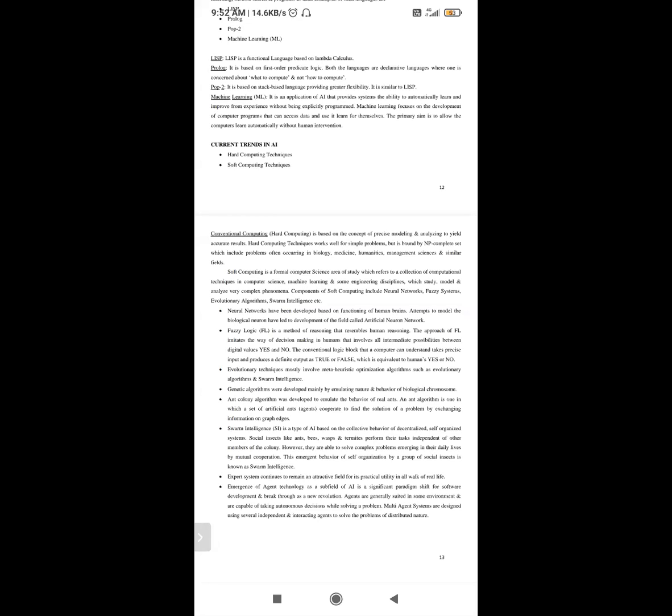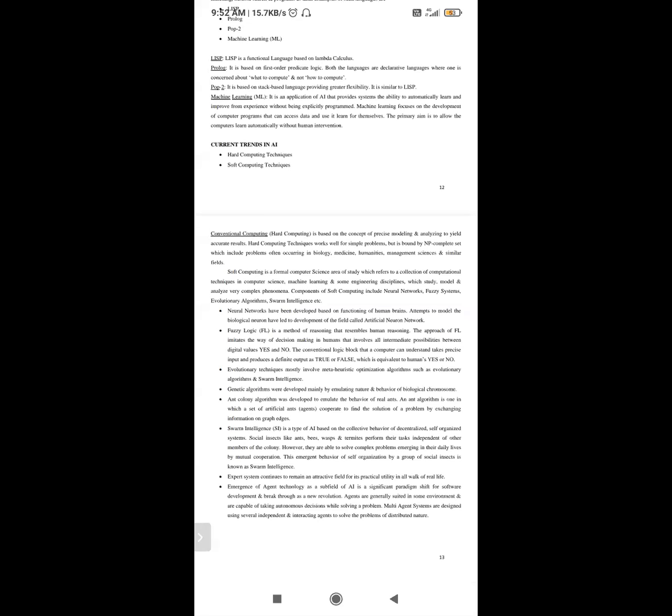So in this, the artificial ants or agents will cooperate with one another like ants, and they will find the solution to the problem. How this problem will be solved is by exchanging information on graph edges. Next one, swarm intelligence. It is a type of artificial intelligence based on the collective behavior of decentralized, self-organized systems.